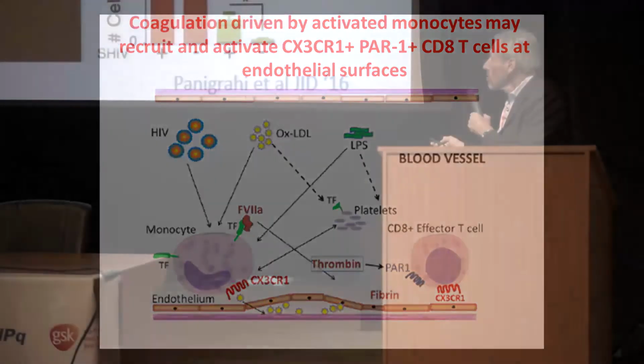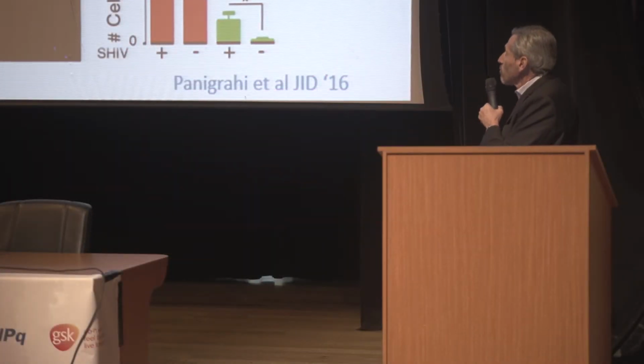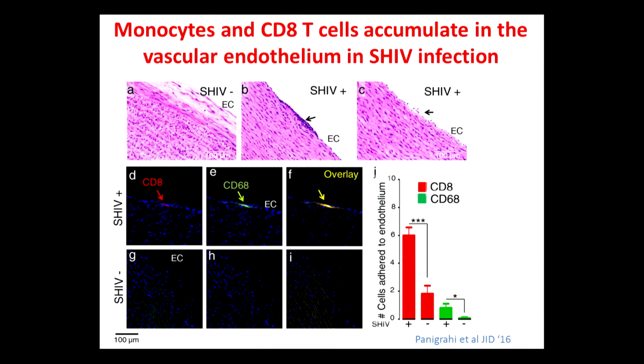Well, maybe so, because in the SIV-infected rhesus macaque, Shomo Panigrahi was able to show that monocytes and CD8 T cells accumulate in the vascular endothelium in SIV or SHIV infection. Here you can see CD8 T cells in the endothelium, CD68 positive monocytes, and the two of them close together.